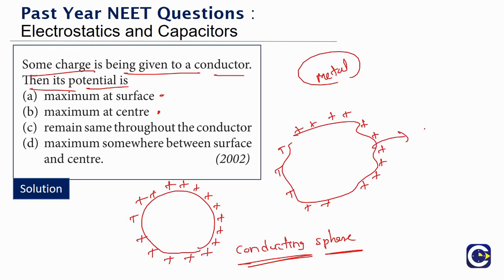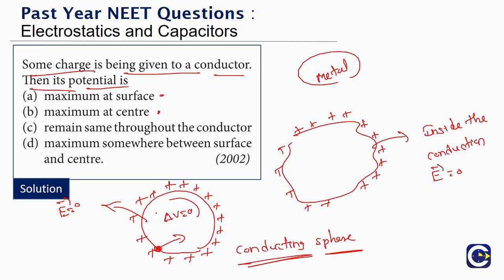Inside the conductor, the electric field will be 0. Whether it is a spherical conductor or an irregular shape, inside the electric field is 0. Which means when we move from the surface into the conductor, there is no electric field, so the potential difference will be 0.